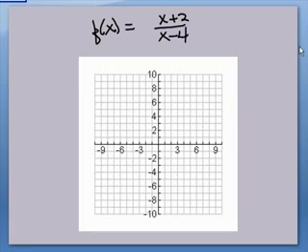So at positive 4, we have a vertical asymptote. And then we compare the degrees. The degrees in both the numerator and denominator are first degrees. So we use the leading coefficients, so 1 divided by 1. So we have a horizontal at 1.